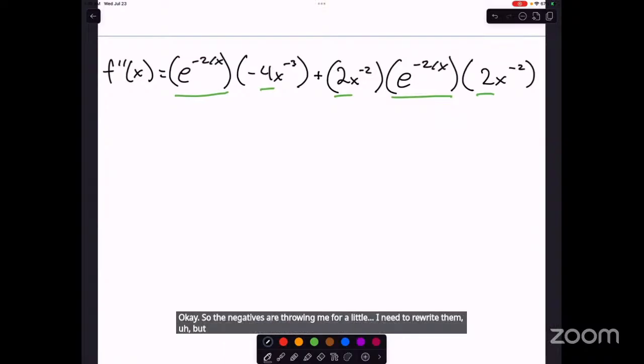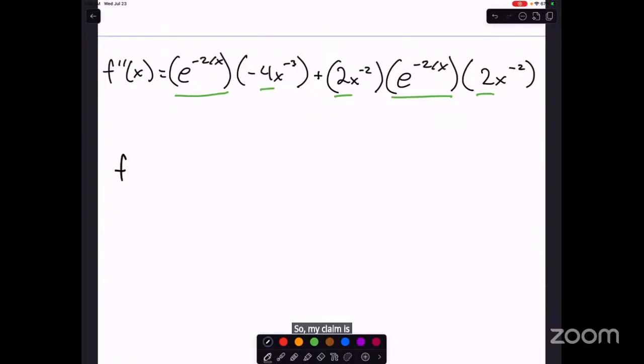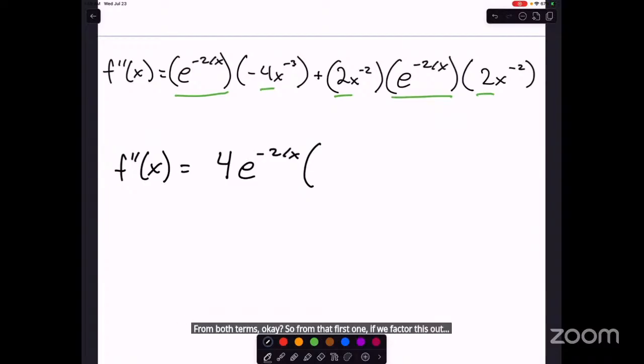But in the interim, my claim is that we can factor out what? 4 e to the negative 2 over x from both terms, okay? So from that first one, if we factor this out, what's left?